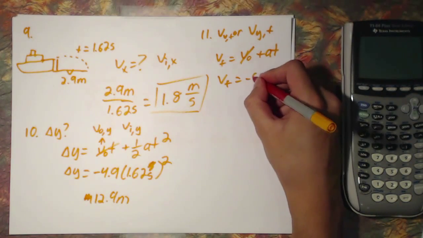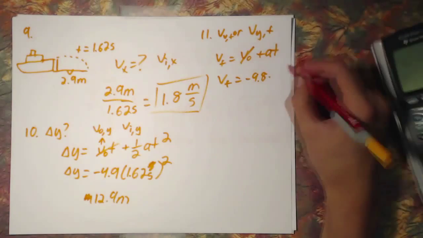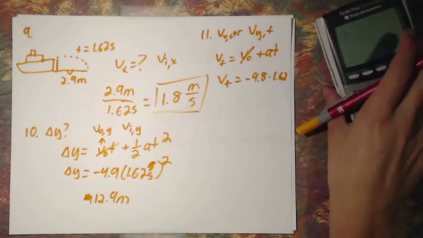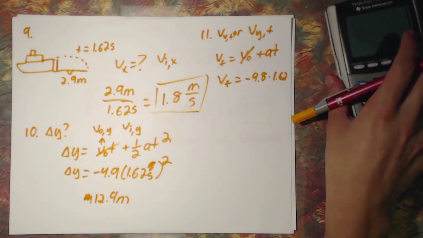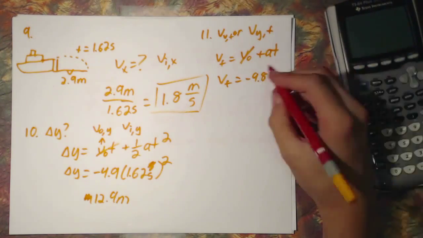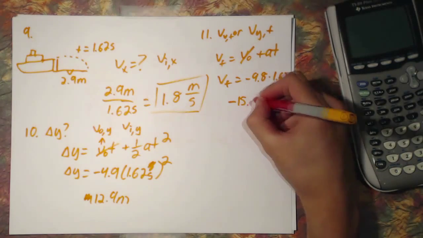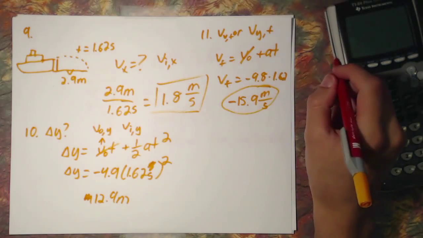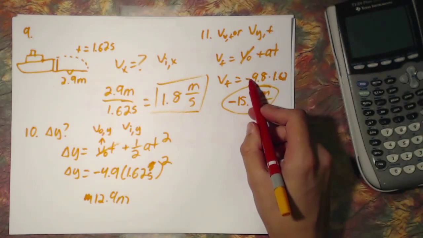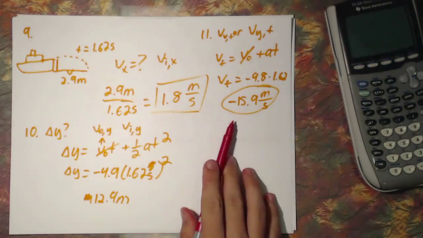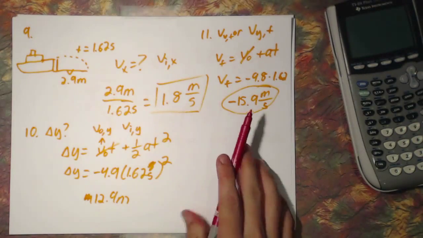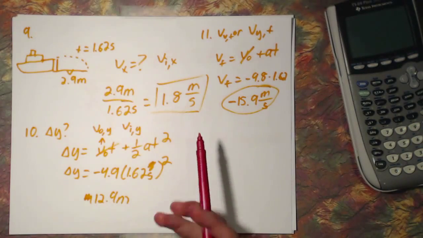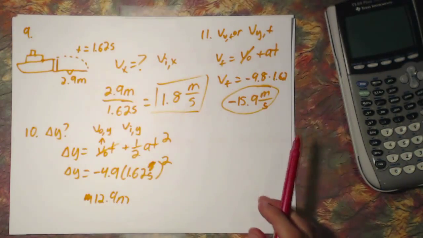Equals negative 9.8 times our time, which is 1.62 seconds, which is going to turn out to be negative 15.9 meters per second. And it's important you have the negative in here with the 9.8, otherwise you'd get positive 15.9 meters per second, which would mean it's going up at 15.9 meters per second, which really wouldn't make any sense because it is falling off of a boat.